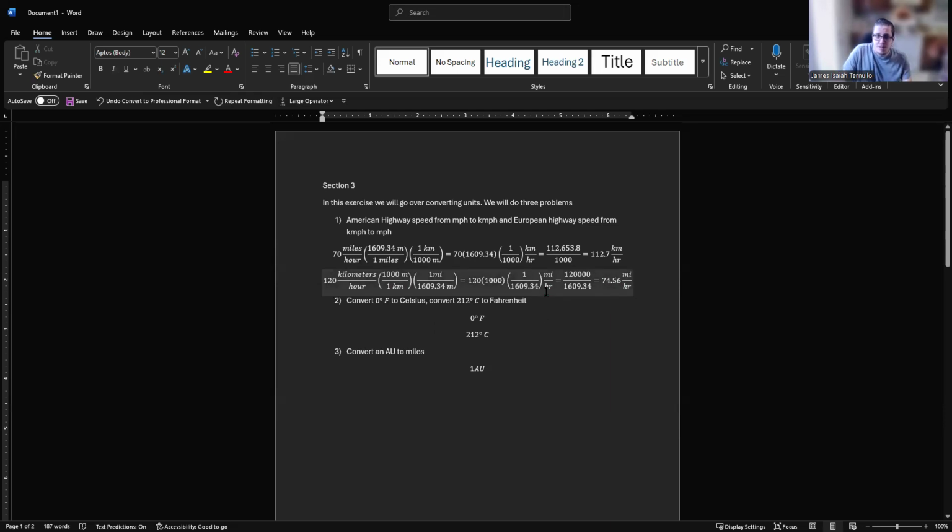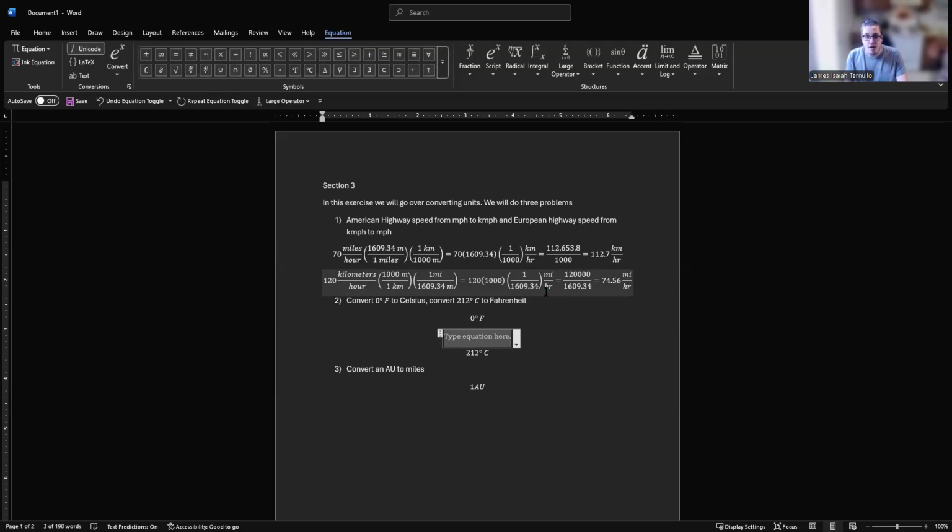So if we continue, what we're going to do next is we're going to convert 0 degrees Fahrenheit to Celsius. And the conversion for this is a formula. And the formula to convert Fahrenheit to Celsius is Fahrenheit minus 32 degrees times 5/9.